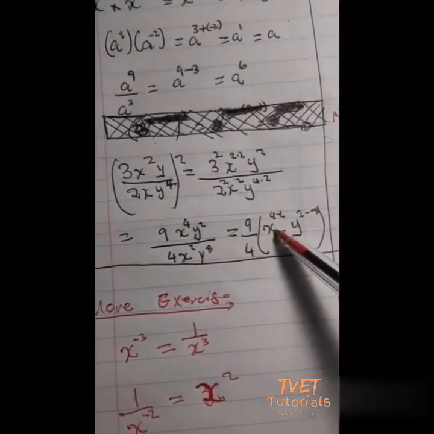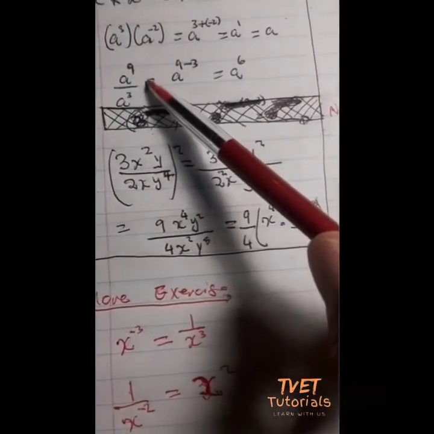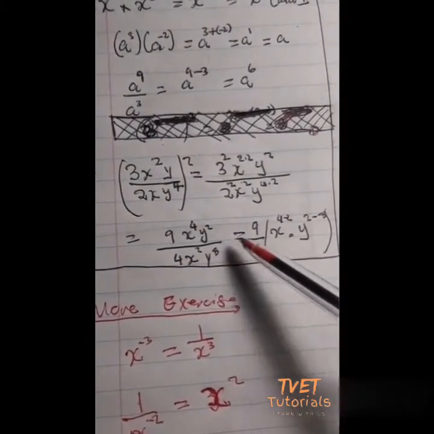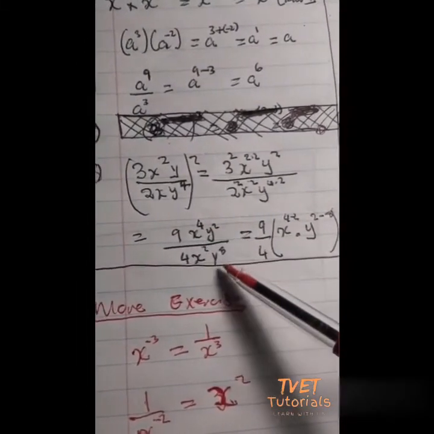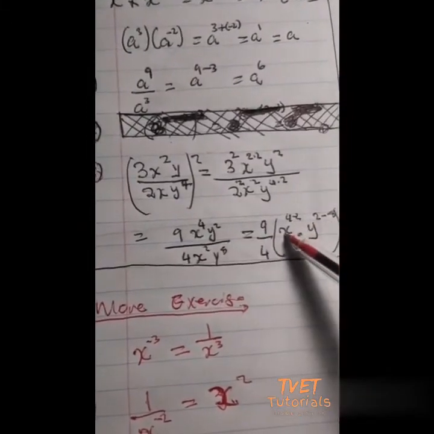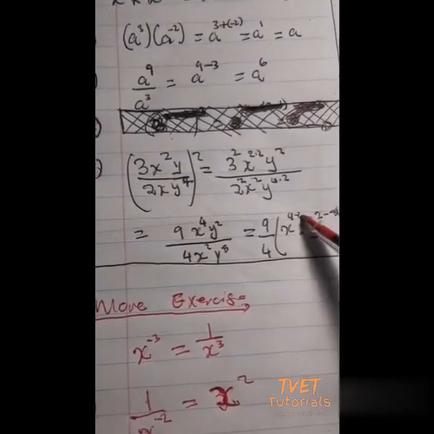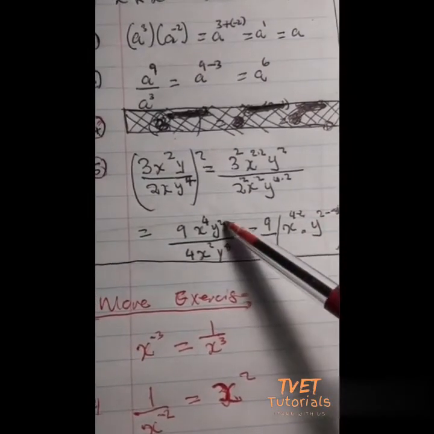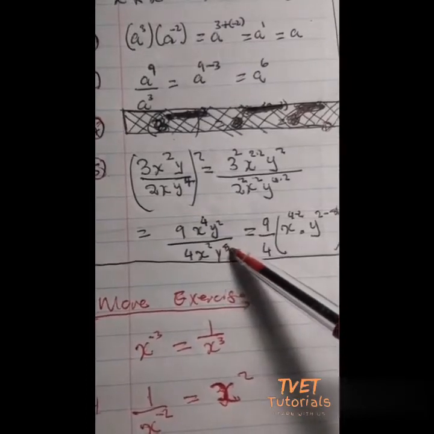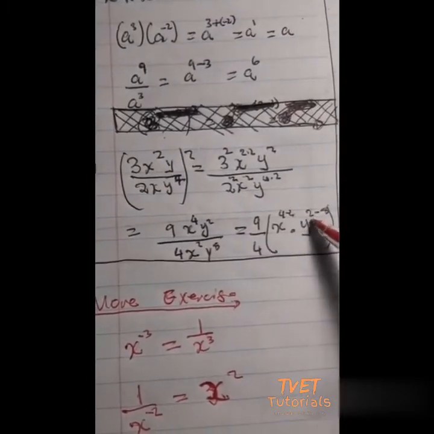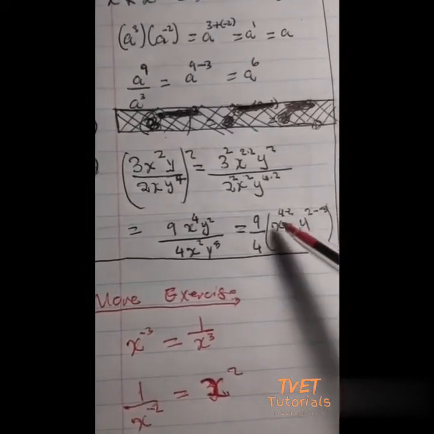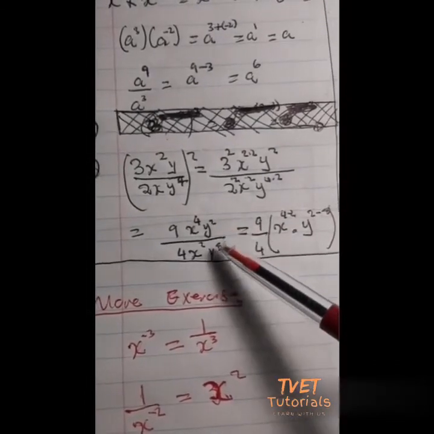Now you apply the law that we just applied earlier. I have common bases, x to the power 4 divided by x to the power 2, that becomes x to the power 4 minus 2, times y to the power 2 divided by y to the power 8, which becomes y to the power 2 minus 8. You need to be careful again. Do not swap these two around.